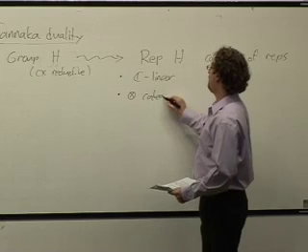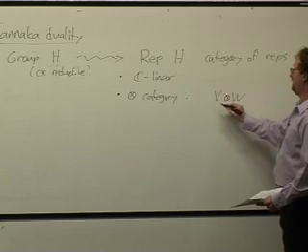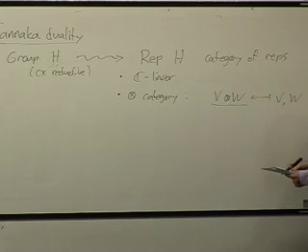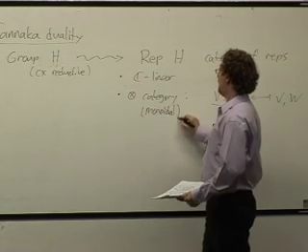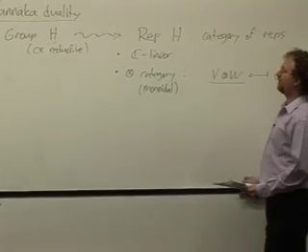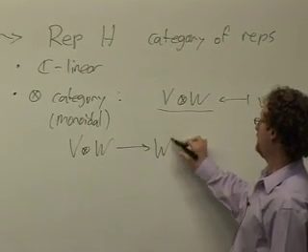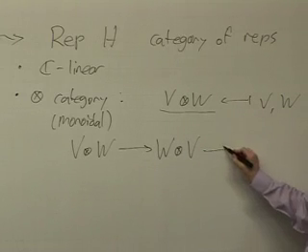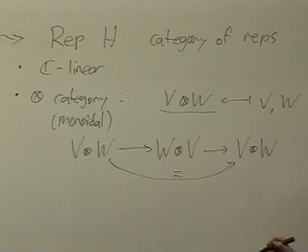If I have two representations, V and W, I have a well-defined tensor product of V and W. This is a new representation, so it's a monoidal structure, an associative multiplication with various additional properties, because for representations of a group, V tensor W has a canonical isomorphism to W tensor V, which switches factors, and if you do the switching twice, you get back to the identity. These are all properties that we know for representations of groups.